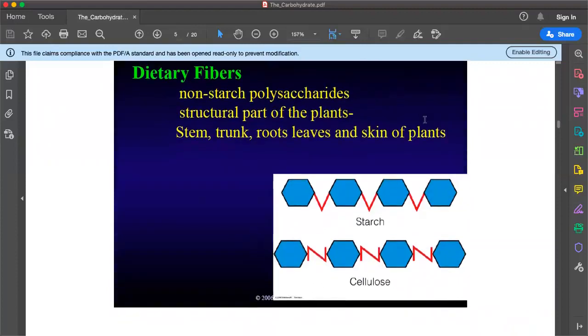Fibers are actually non-starch polysaccharides, part of the structural component of plants, and we can find them in different natural sources. And we actually need them because fibers can provide us with many health benefits and advantages.